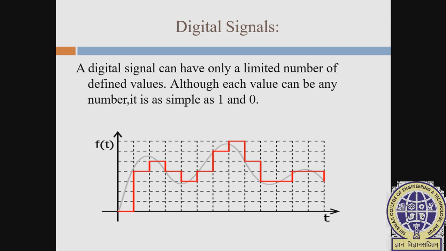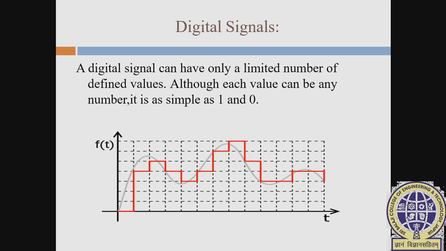Second one is digital signals. A digital signal can have only a limited number of defined values, although each value can be any number. It is as simple as 1 and 0. Digital signals vary on two points, 0 and 1, the two numbers 0 and 1. Most computer codes are designed in digital signals.